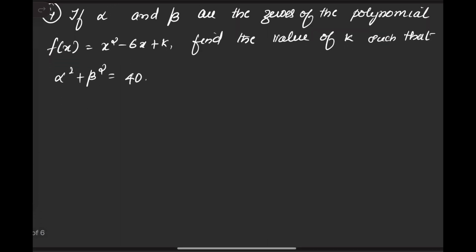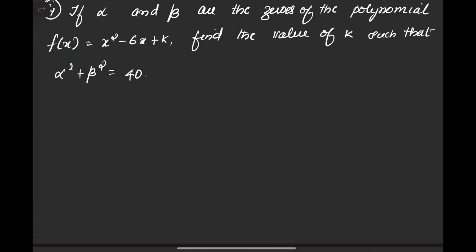Okay. So next, this is related to the polynomials chapter. This is also a very good question. If alpha and beta are the zeros of the polynomial f of x equals x squared minus 6x plus k, find the value of k such that alpha square plus beta square is equal to 40.